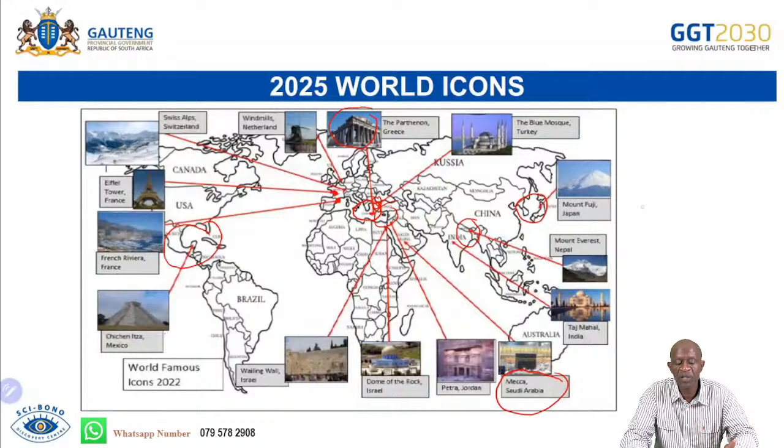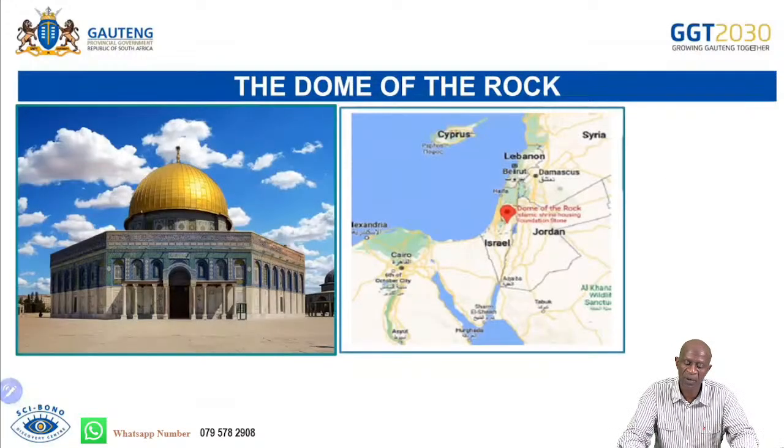So the continents within which we find our attractions are North America, Europe, and Asia. Actually, it's 3 continents: Asia, Europe, and North America. Those are your 3 continents where your icons for this year are allocated.